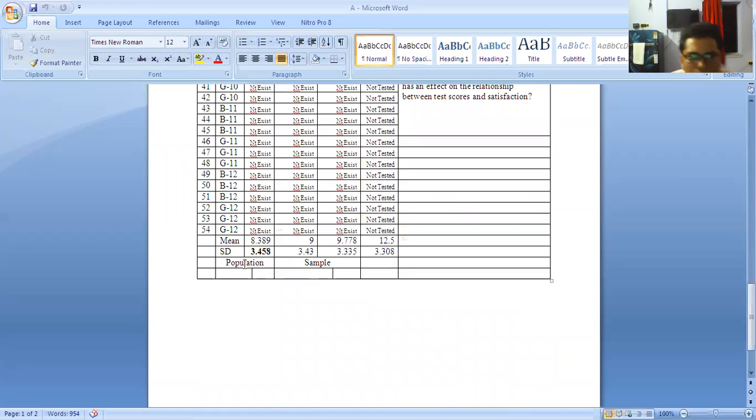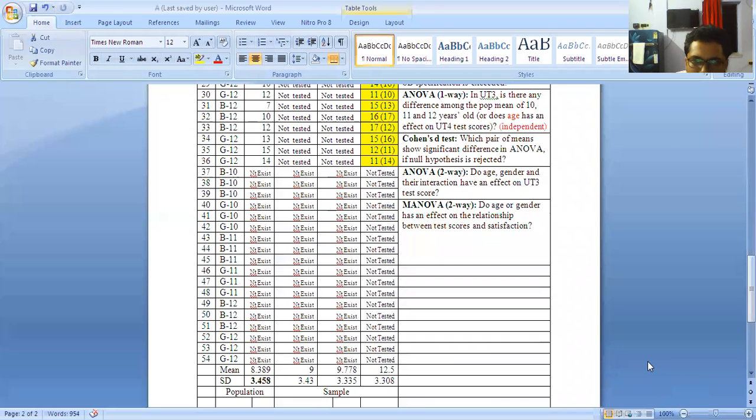This population row you can delete, or we can take it as a sample population, but these are all about the sample, so you can match this scale. So this is the case.